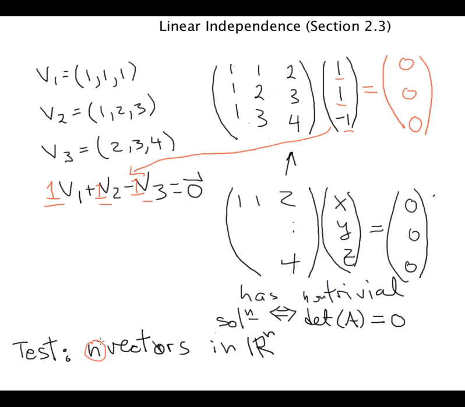If you have the same number of vectors as you have the size, the dimension of the vector space, then there's a convenient test for whether these are linearly independent: they are linearly dependent if and only if the determinant of the matrix that I described above is equal to 0. And so this A is the matrix that you make out of the columns. Make the vectors into columns.